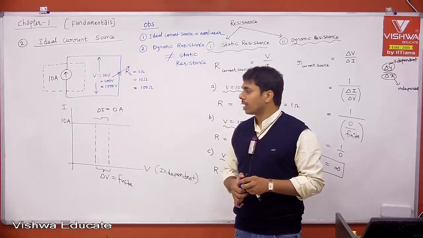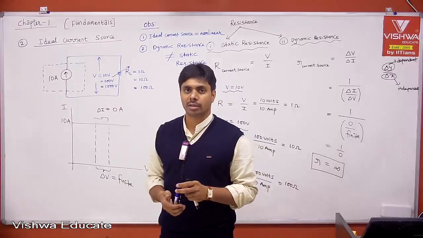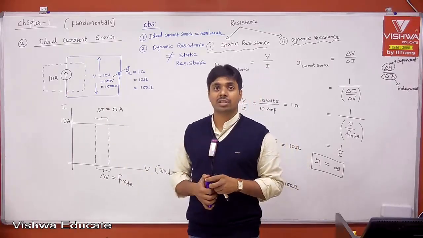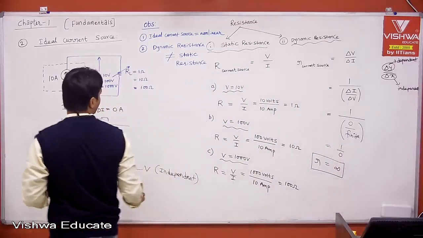Okay, now write down the third one with which I'll stop and then we can extrapolate. Okay, and then we can have conclusion also. Third one, ideal resistor. Let me erase all these things.